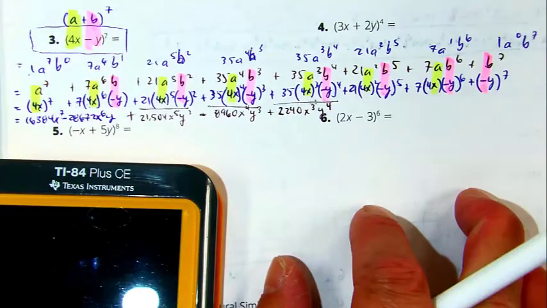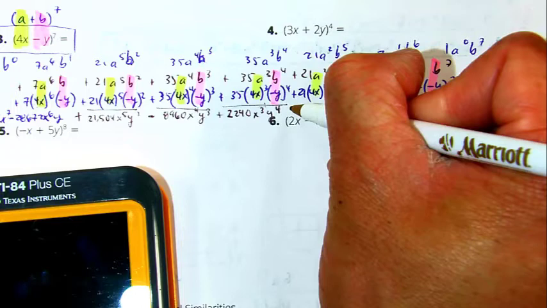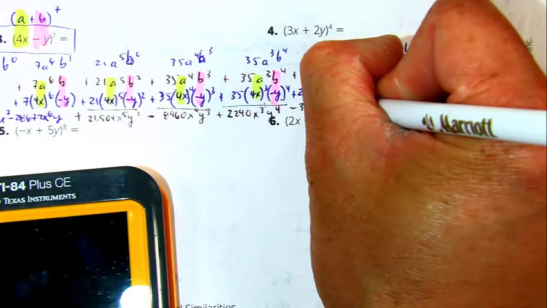Alright, let's go back to this one now. Thank you. Basil? That's the 21 on the right side, right? Correct. Negative 336 x squared y to the 5th.